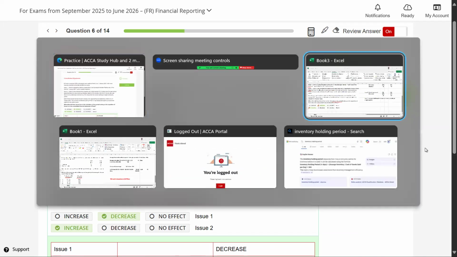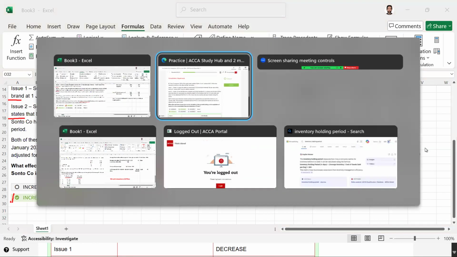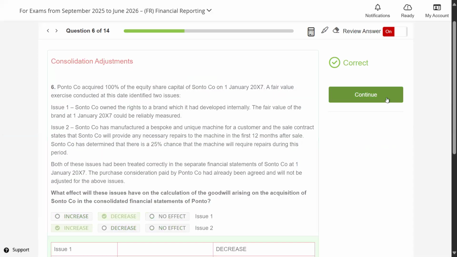So if we increase or decrease, it will impact this. So it's just an issue of understanding the formula to calculate it. Exactly. Making the right connections. Yes. Very good. So we move on to the next one.